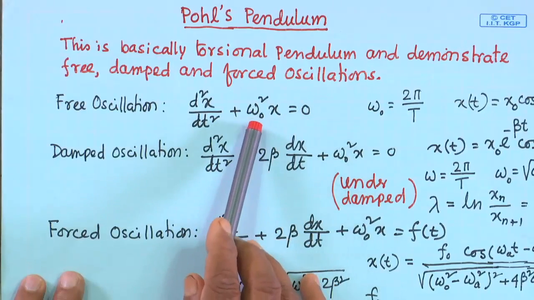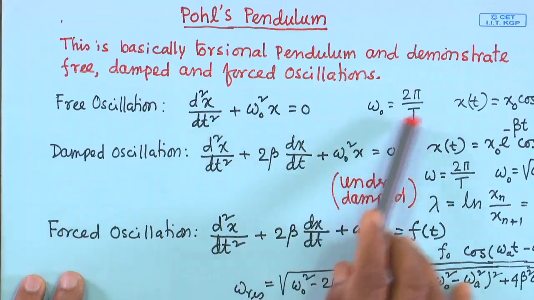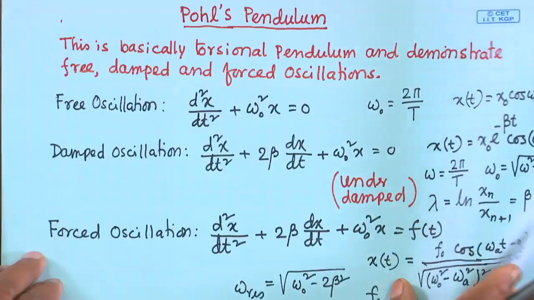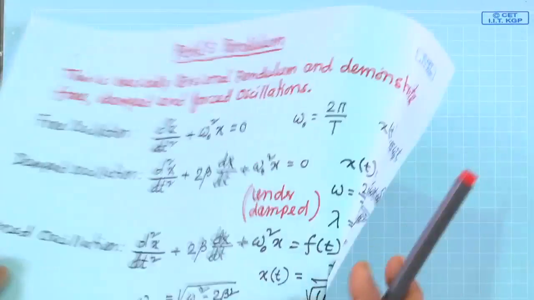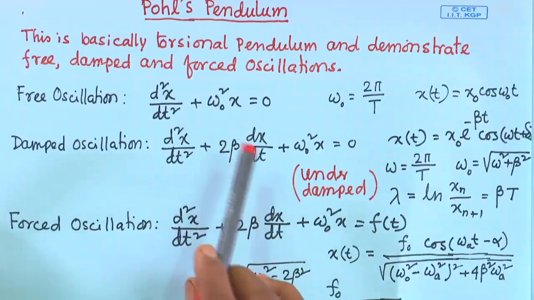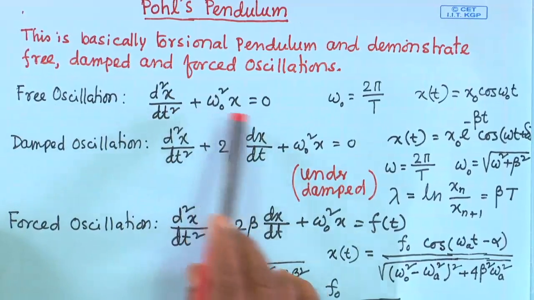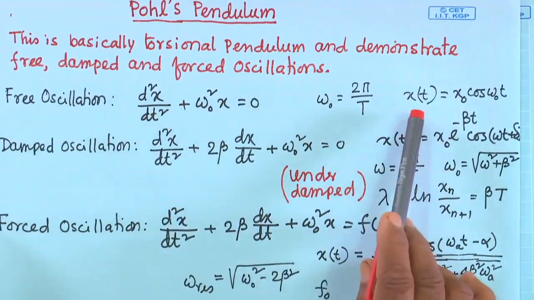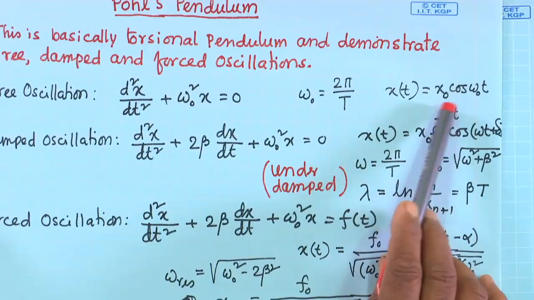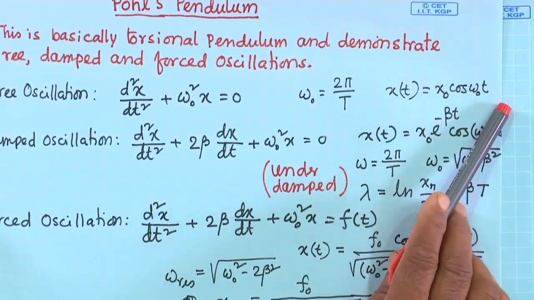So, omega 0 is the natural frequency, omega 0 is 2 pi by T, and the solution of this differential equation is x as a function of t equals x0 cos omega 0 t, right.